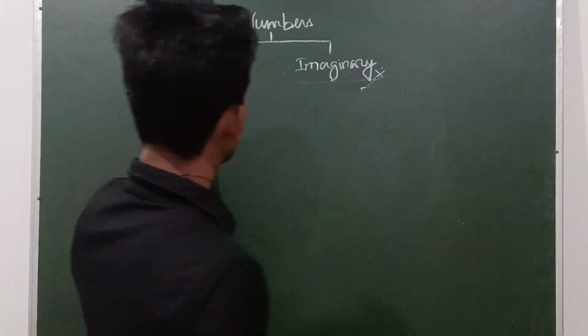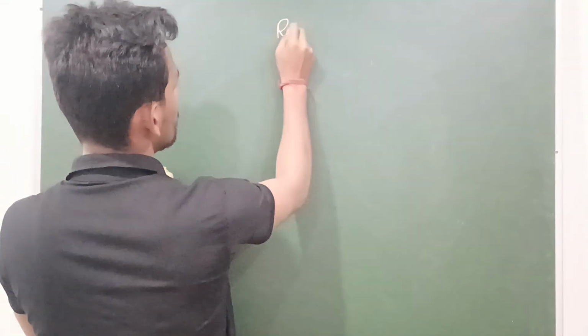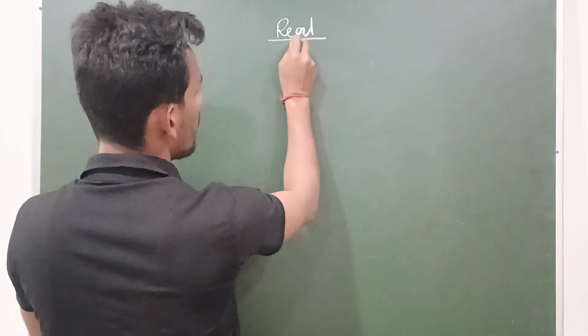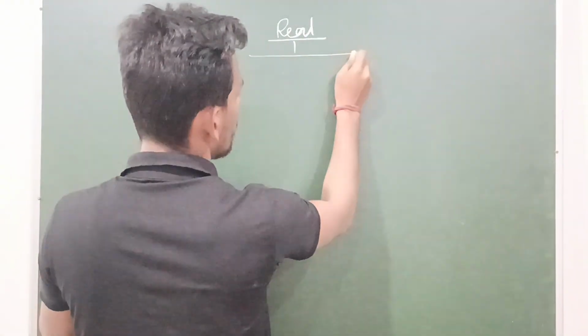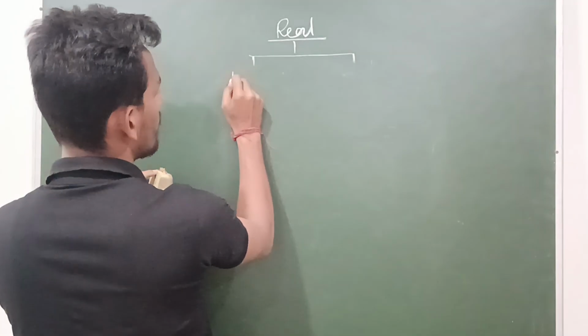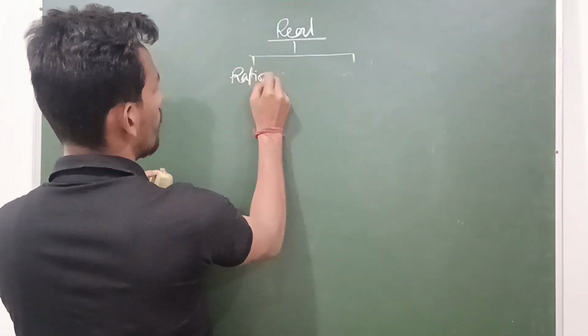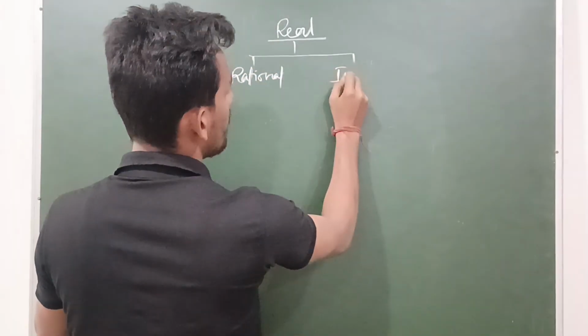Okay. So the real numbers are basically divided into two types, that is rational and irrational.